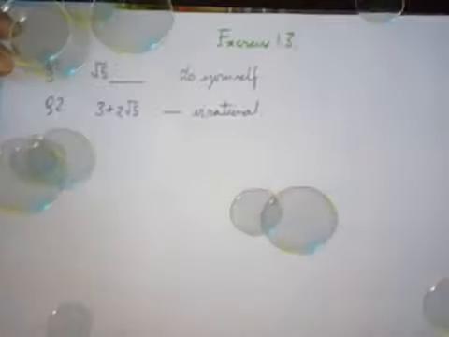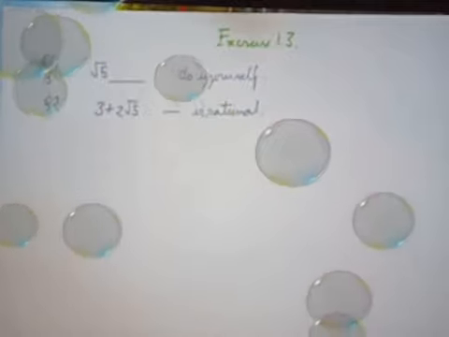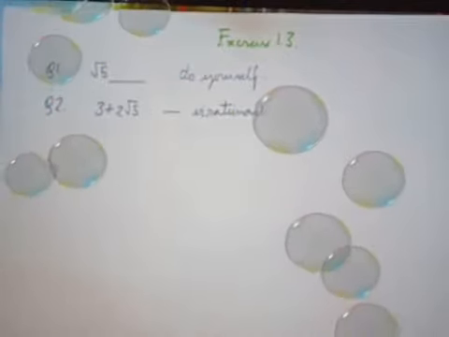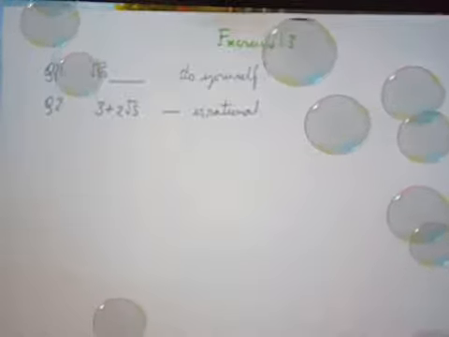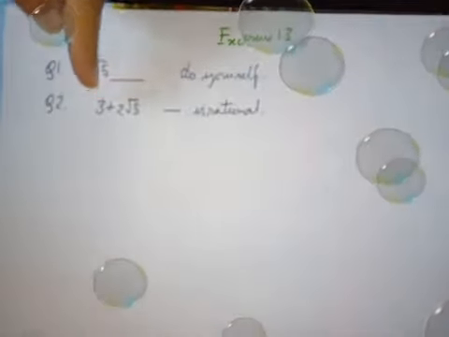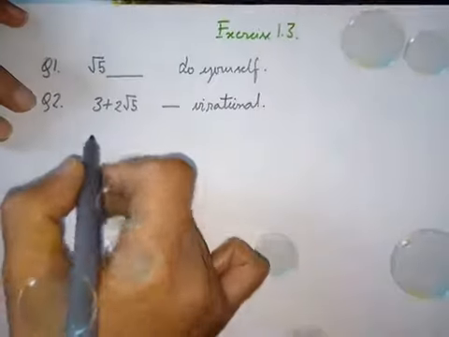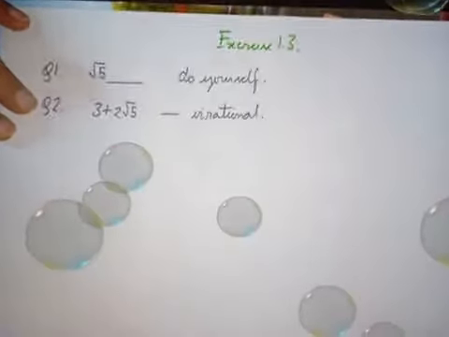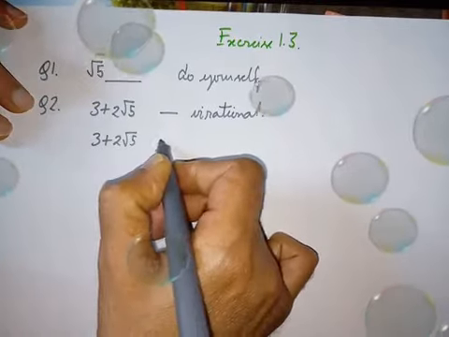In class 9th we have studied that whenever a rational is multiplied by, divided by, added to or subtracted from an irrational, it always gives an irrational number. Going by that, this is an irrational number. Now here we have to prove it. So we will again prove it by the contradiction method. For that, we will suppose that 3 plus 2 root 5 is rational.